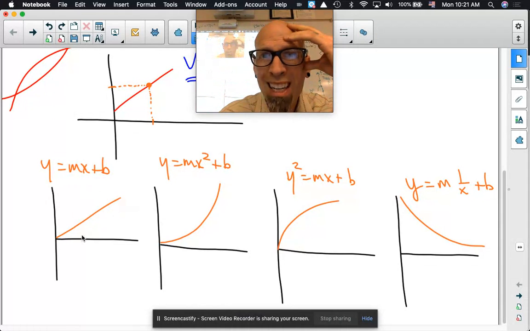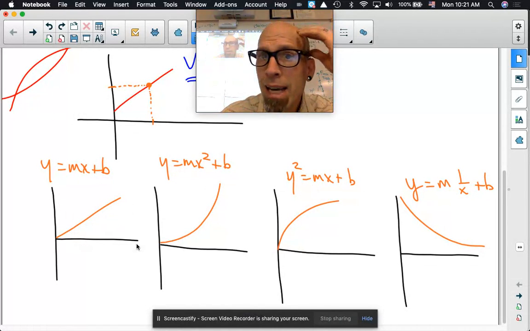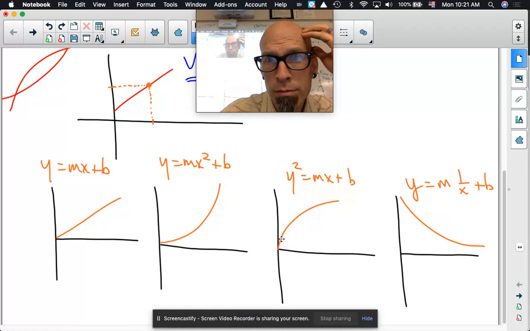We're seeing linear stuff, with y equals mx plus b. Mathematically, these things are a little too complicated for us to deal with, so we're sticking with the simple stuff. Not saying we'll never see these. We will, and we'll hopefully be able to recognize them for what they are. We probably won't do a whole lot of math with them.